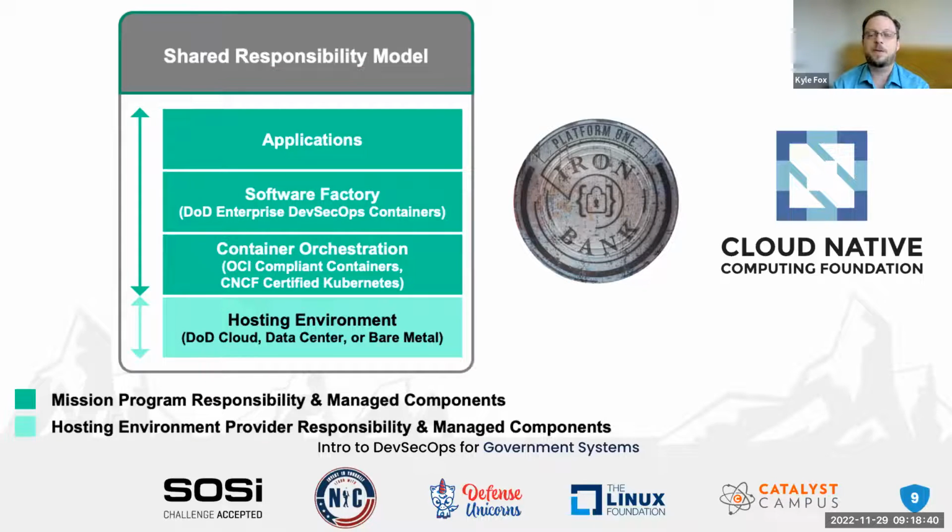So again, the department in a big way is moving away from that model and instead having these starting points that teams can take advantage of. They don't have to reaccomplish all that work, credibility, et cetera, to reach that starting point and instead are able to focus just on their mission requirements. Okay, so now in the shared responsibility model, similar story. Once you look at the hosting requirements, which again you can read in the reference design, it's pretty lightweight.